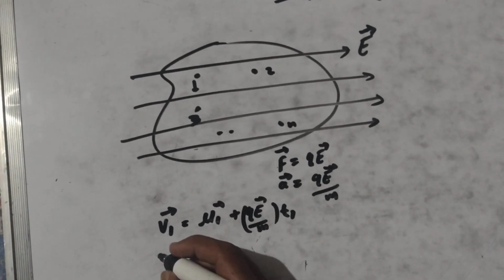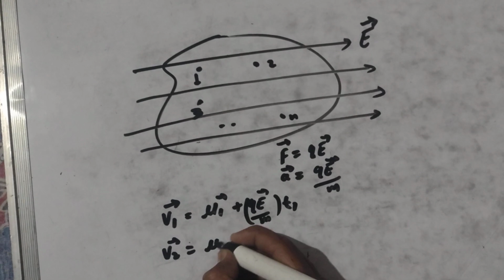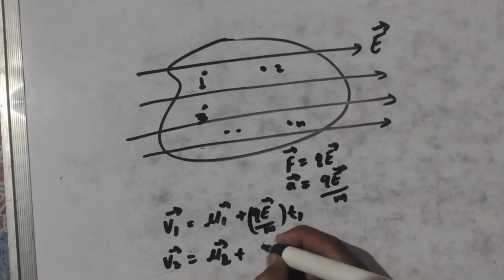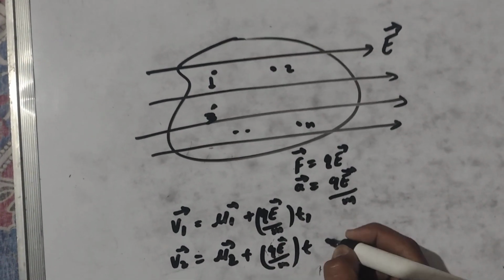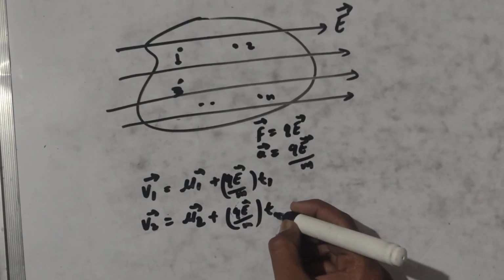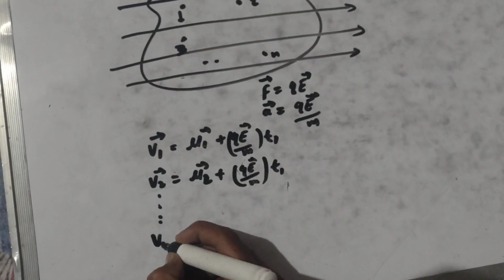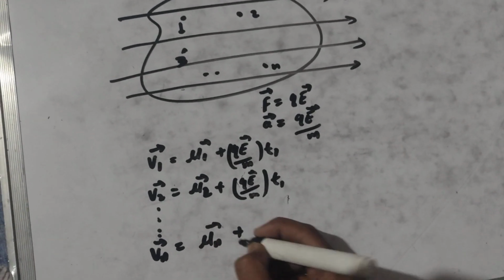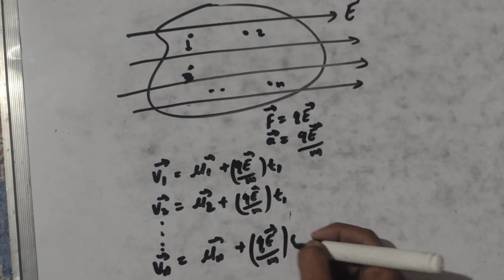Again, we find v2, which is the initial velocity of the second particle plus the acceleration times t2. We find this for the nth particle: the final velocity of the nth particle equals the initial velocity of the nth particle plus the acceleration, QE by m, into tn.